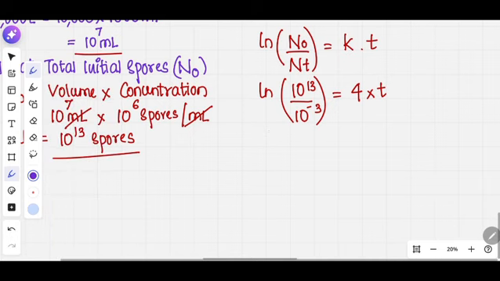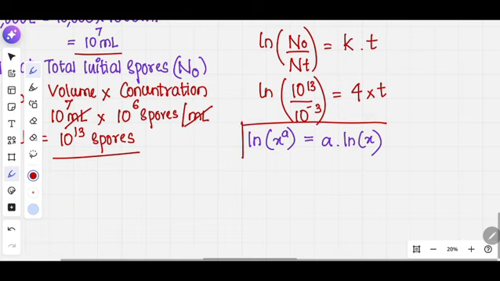Here we know that this is an important step. We need to use the property that ln of x to the power a is equal to a into ln of x. If we know this, then we can solve the further things. So keep it in mind that this is very important.